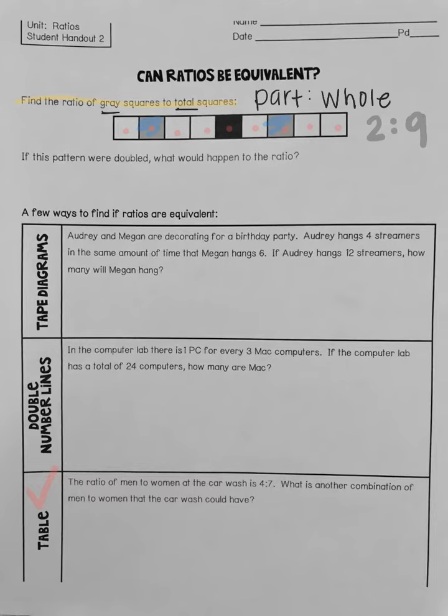Now let's read the question down below that makes us think. If this pattern were doubled, what would happen to the ratio? Well, if it's doubled, I know that means that I'm taking it and I'm multiplying it by 2. So if I was looking at the ratio of 2 to 9 and I multiplied each section of my ratio by 2, I would get a ratio of 4 to 18.